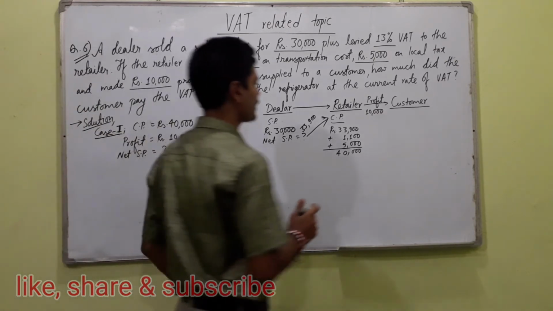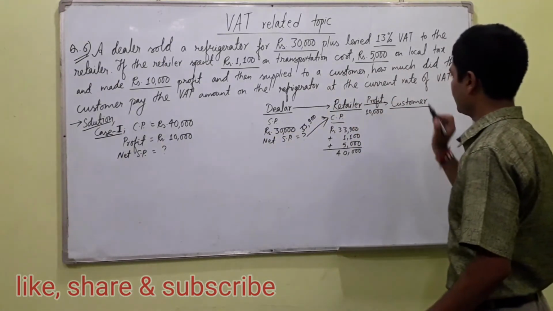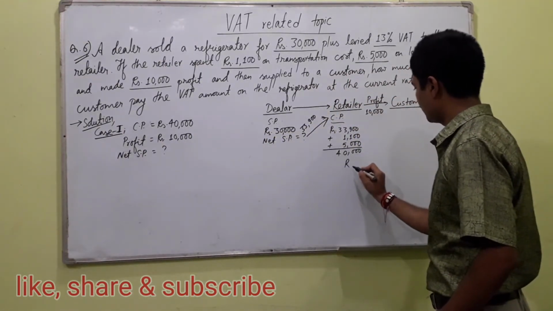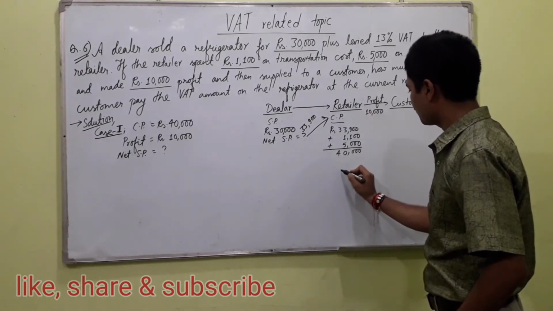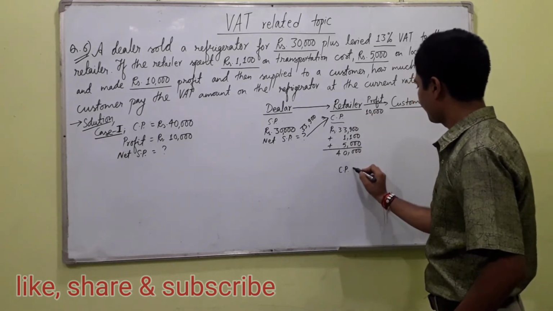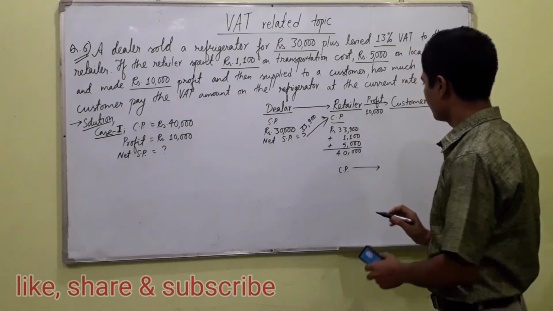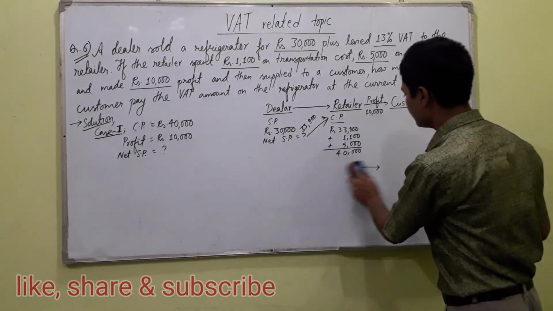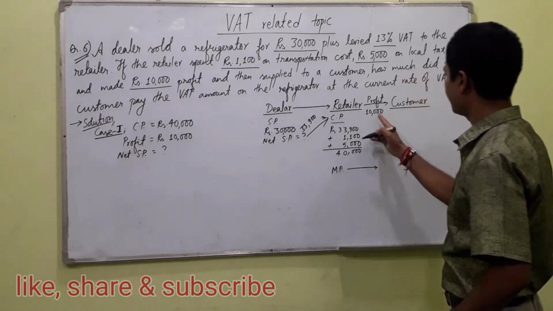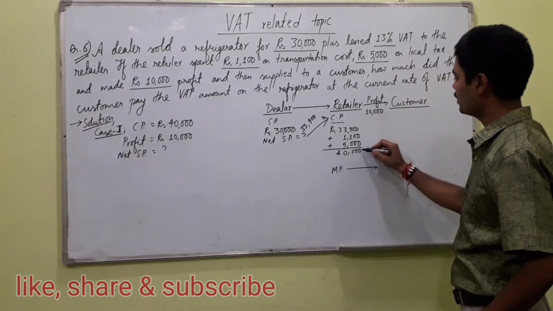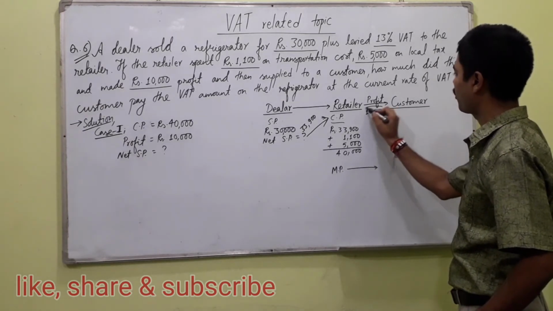Now we must make a timeline between retailer and customer. For the retailer, the cost price, or you can say the retailer will mark the price by how much? By adding 10,000 on the cost, because the retailer needs 10,000 as profit.